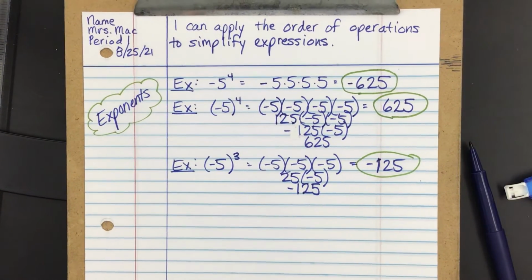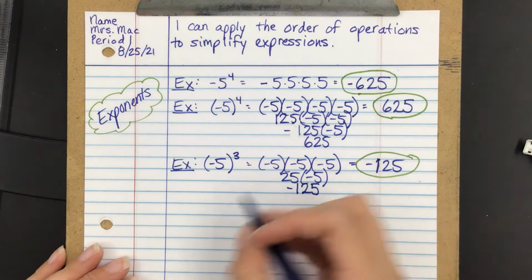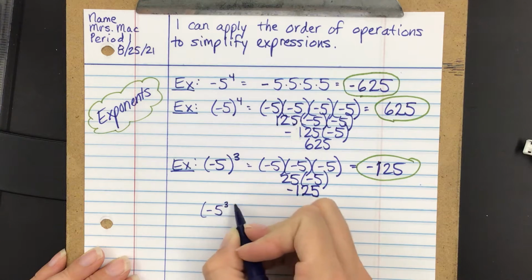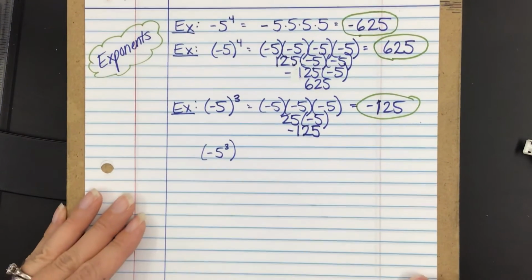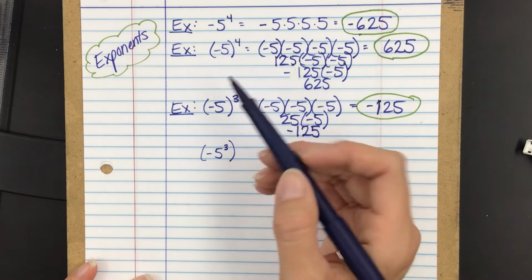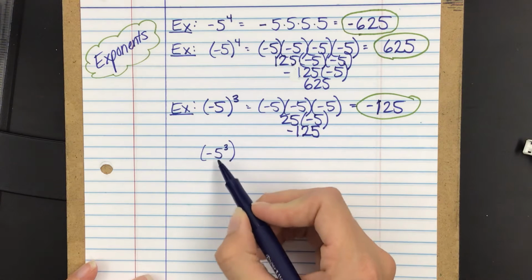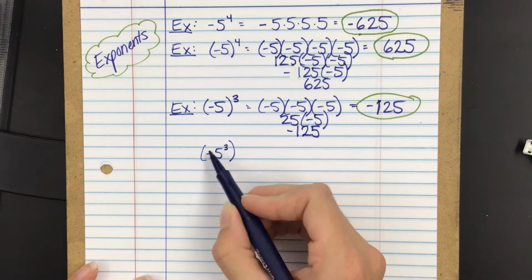Is it any different if the exponent is inside the parentheses instead of outside? Yeah. You mean if it looks like this? Yes, that is different. Because now you basically have that first situation where the exponent is only being applied to the 5 because the negative is not in parentheses with the 5.